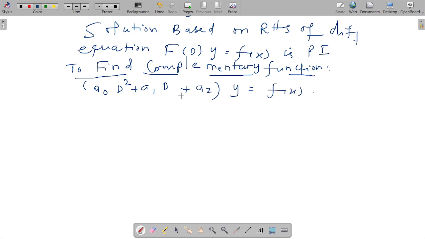The first step is to make the right hand side equal to 0, because to find the solution of the left hand side, the right hand side is not required. Then the equation becomes a0 D square plus a1 D plus a2, into y, equal to 0.